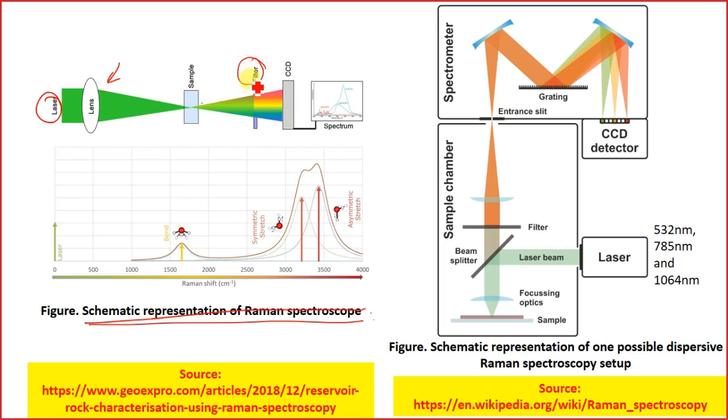There we place a filter, and using these filters there is a breakdown, or decomposition, of the bright light. Then we have the detector, and from there we get the spectrograph, the spectroscopic information.